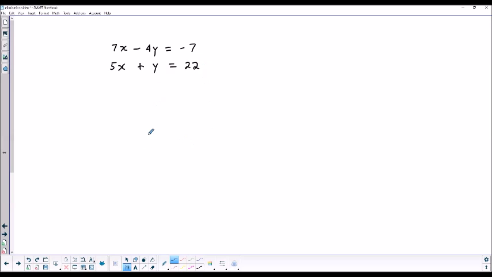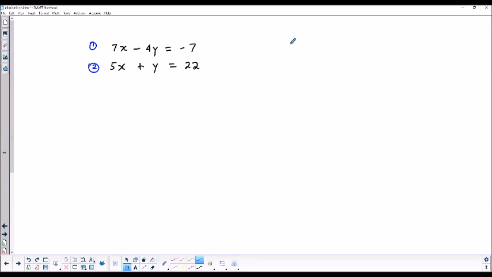Notice in the last example we had one variable, x. Here we have two variables, x and y, in both equations. So we have equation 1 and equation 2. In order to solve for these two variables, x and y, we need two equations.